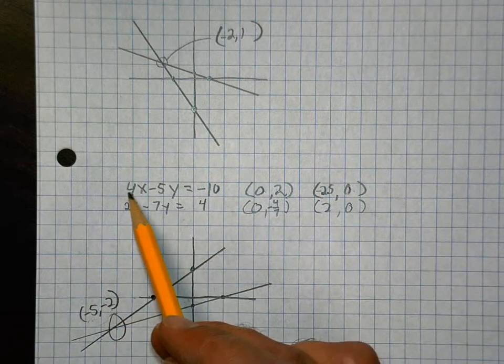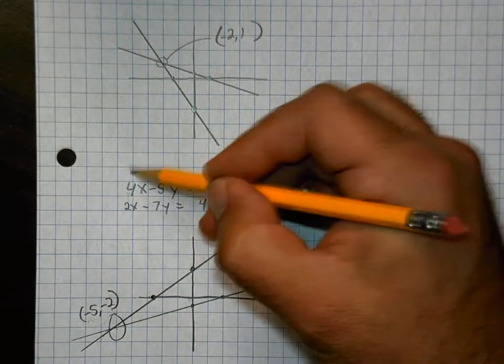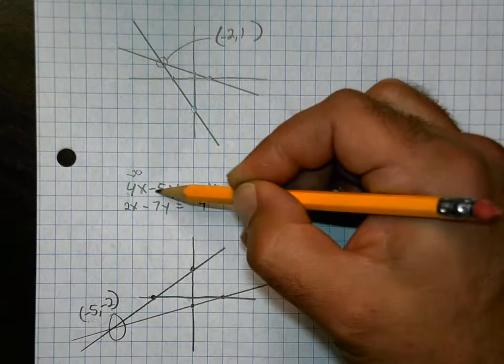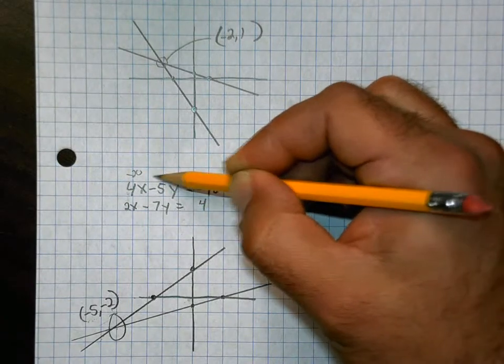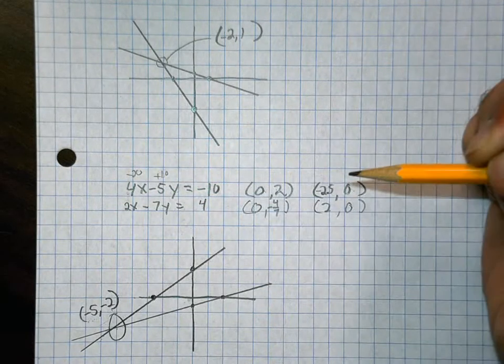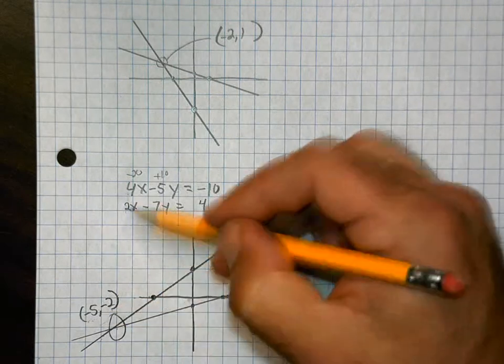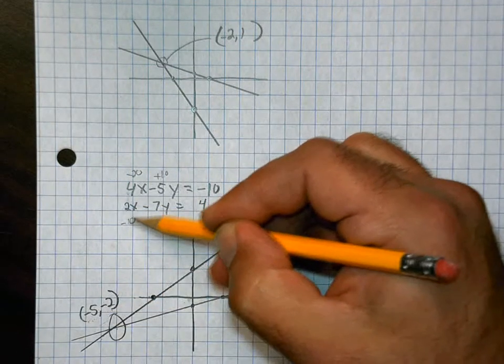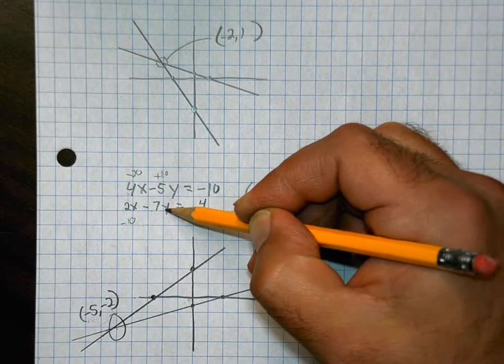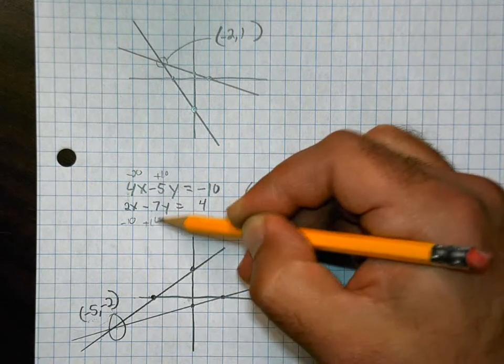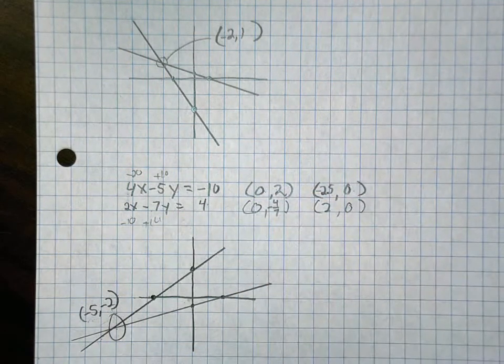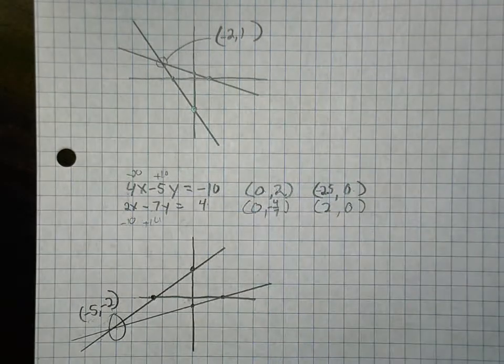But 4 times negative 5 is negative 20. Negative 5 times negative 2 is a positive 10. Add those up, I get negative 10, so that works. 2 times negative 5 is negative 10. Negative 7 times negative 2 is positive 14. That adds up to 4. So that does happen to be the correct answer for that one.